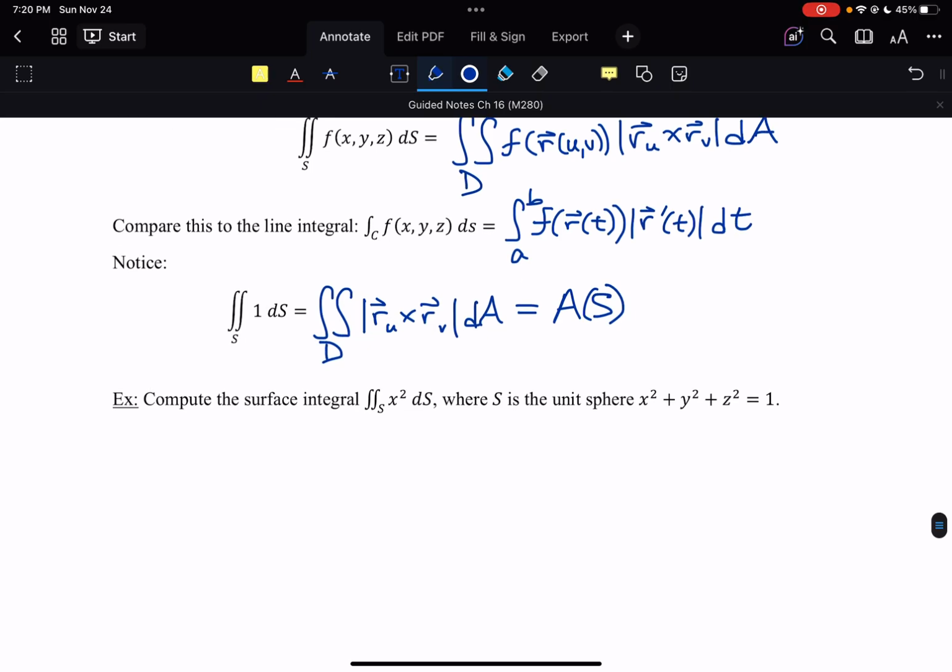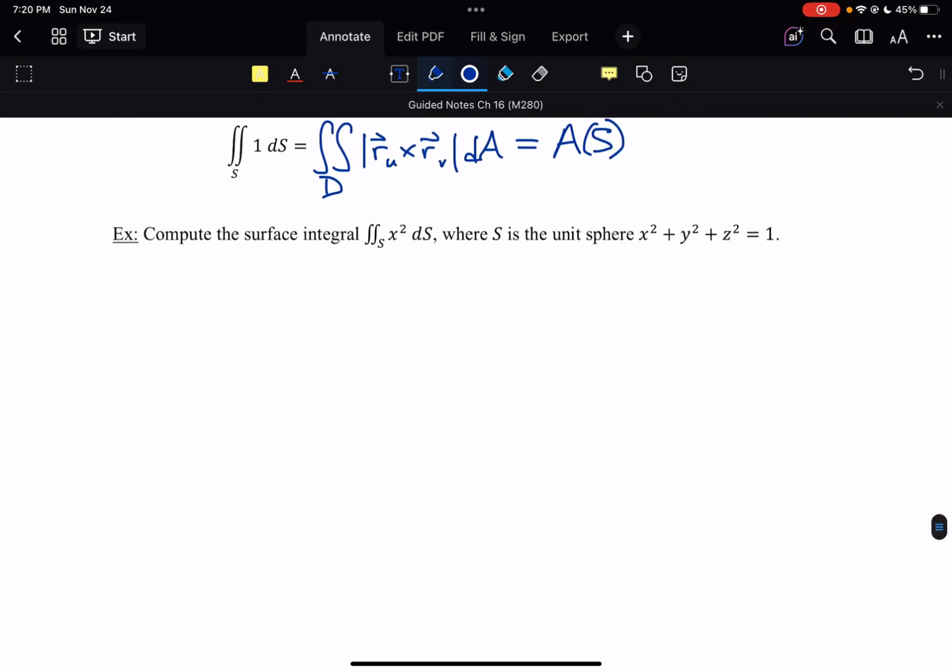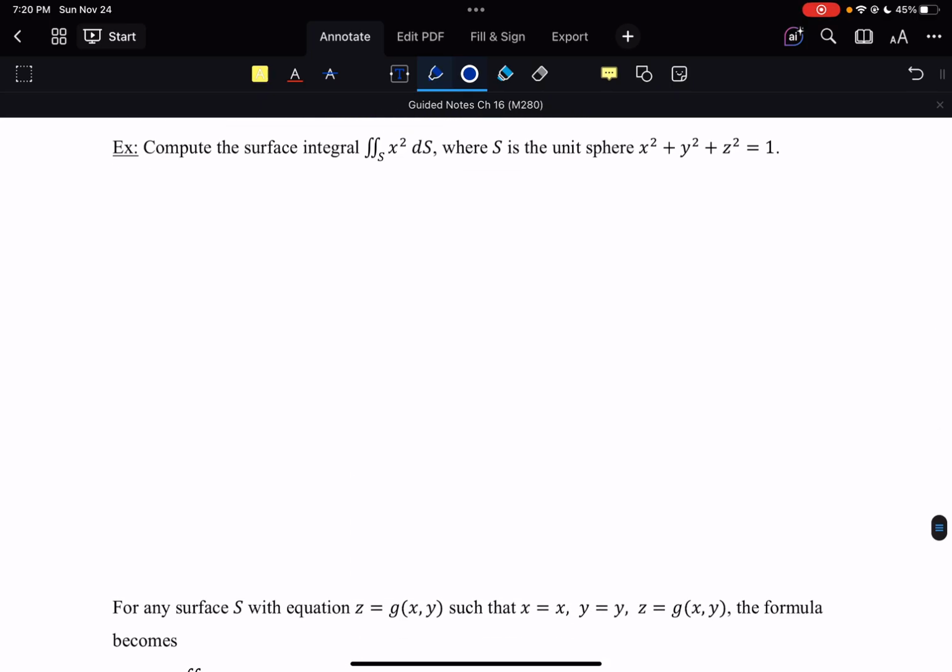So let's take a look at an example of computing a surface integral. Compute the surface integral over S of x squared dS, where S is the unit sphere. We know how to parameterize a sphere, and we know that the radius of this sphere is 1, so the rho value is 1.